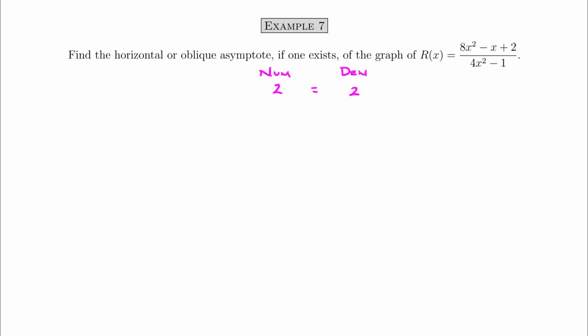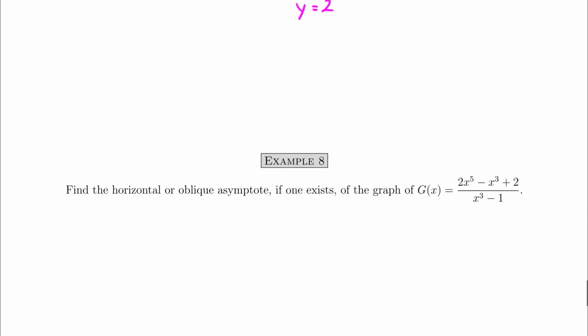So our horizontal asymptote is y equals the coefficient on x squared in the numerator, which is 8, over the coefficient on x squared in the denominator, which is 4, and that simplifies to 2. So y equals 2 is our horizontal asymptote.